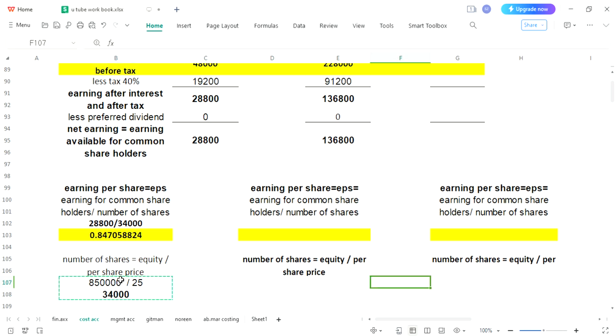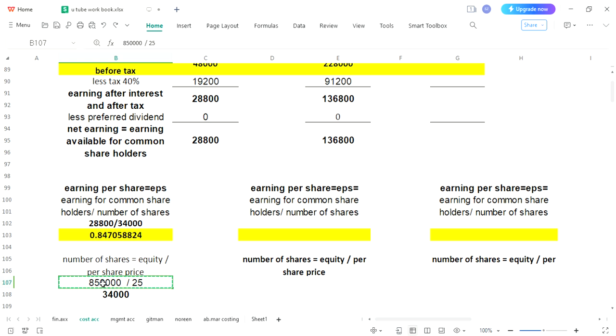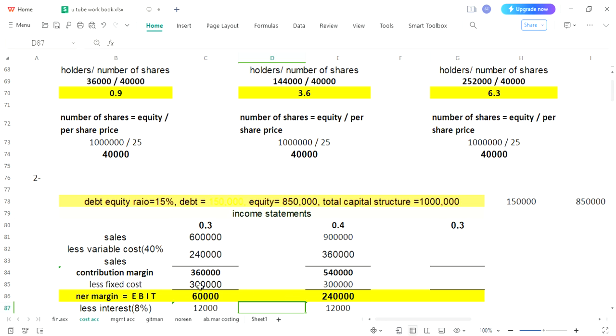In second case we have similar, we will have to calculate separately. Okay, it would remain same because equity for this portion is 850,000. And how did we mention? 15% was debt, total capital structure 1 million.